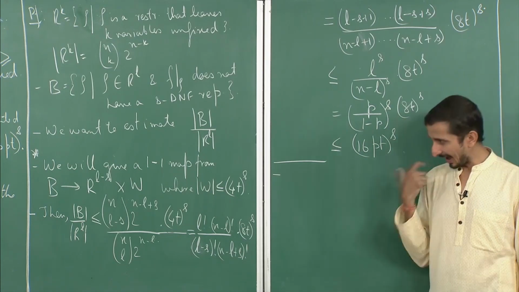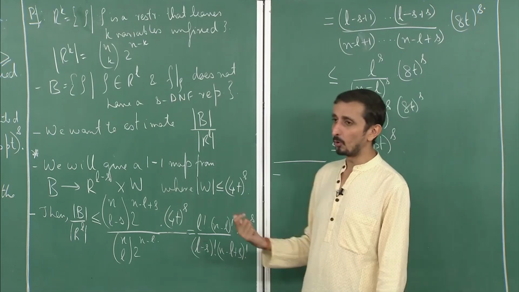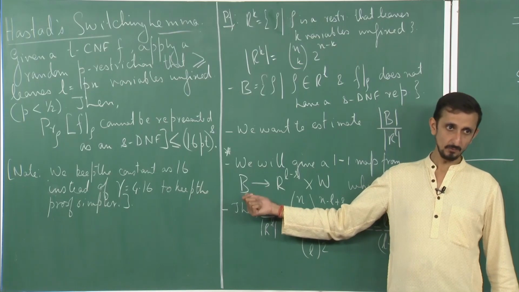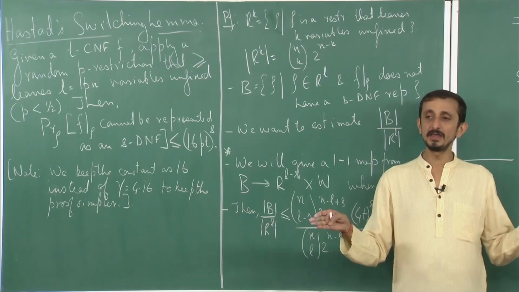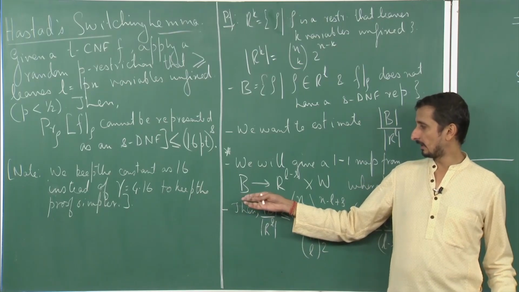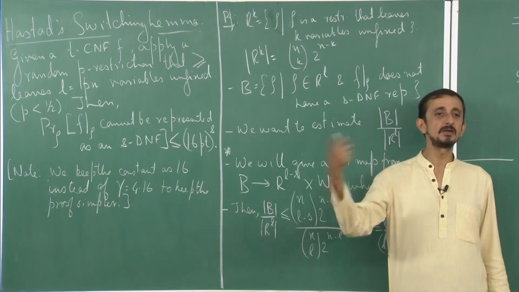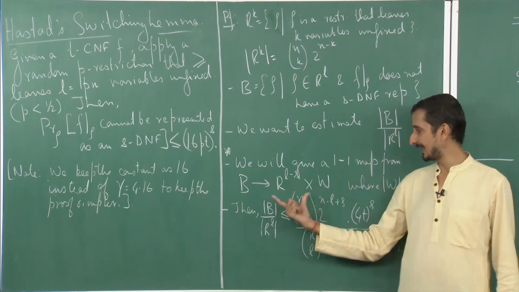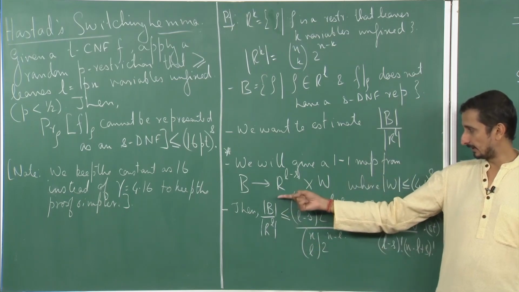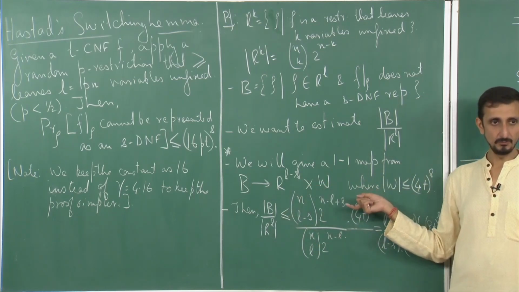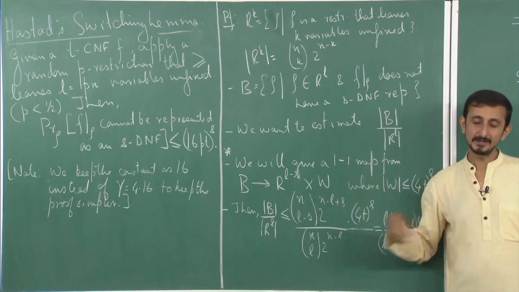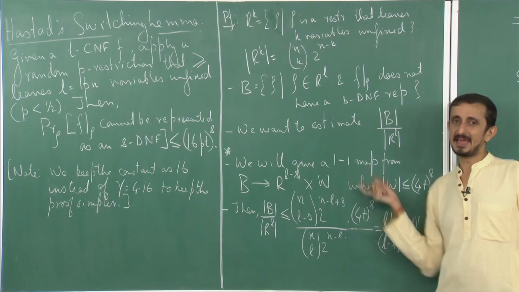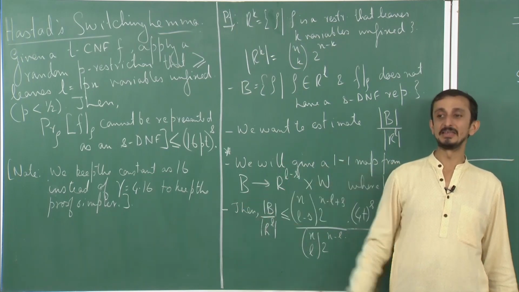Okay. So actually what we will do is we will give an encoding. Given a bad restriction rho, we will give an encoding of that. Basically we will give a mapping of rho into a string, and then we will show that that string is an element of R L minus S cross W, and to show that it is 1 to 1, we will show that given the image we can actually construct the pre-image uniquely.